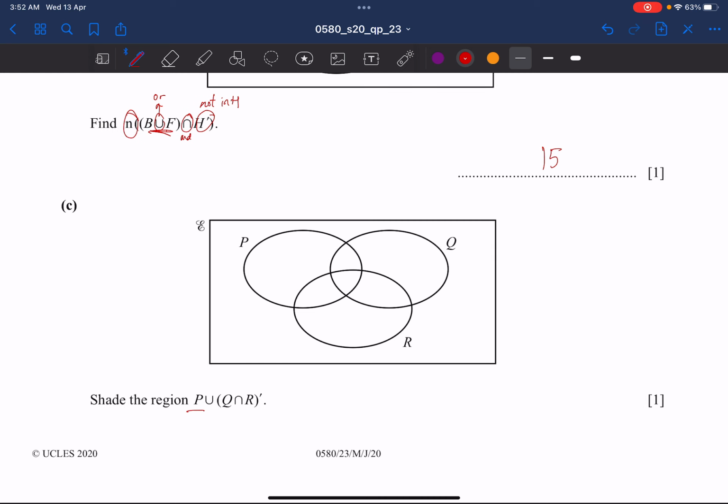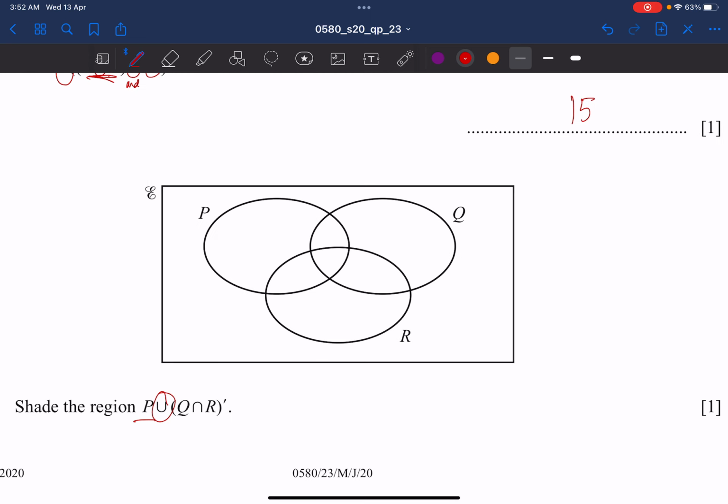Shade the region P union. So when you see union, it must have P, okay, the whole P. And Q intersect R, so Q intersect R is here, but this is complement, so not here, right?